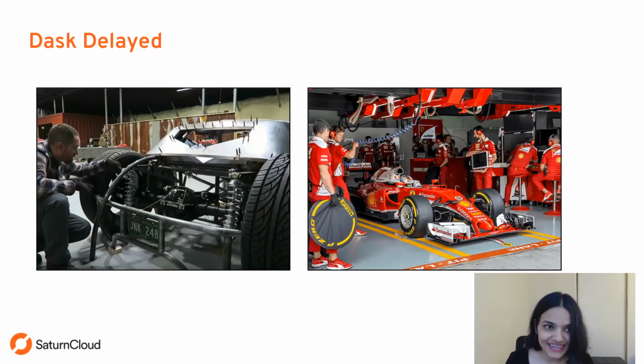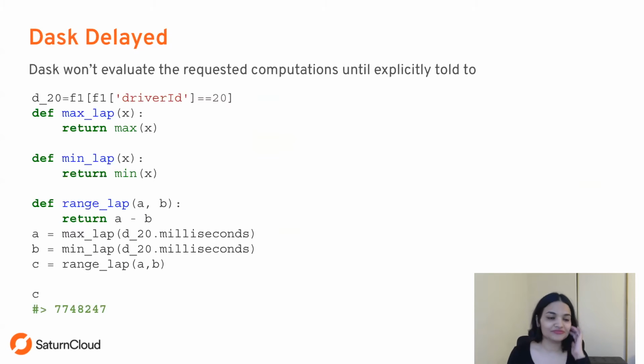And this is exactly how Dask delayed works. It is not going to execute each and every function one after another. It is lazy. It is going to wait. And then explicitly, when you tell it to do the computation, it is going to do the computation in the most parallelized way. So let's try to understand this with an example.